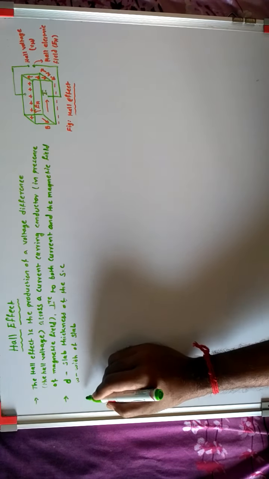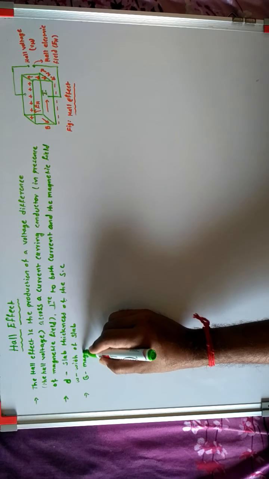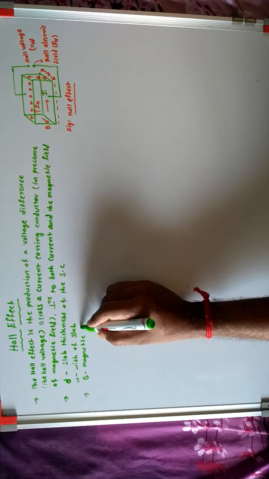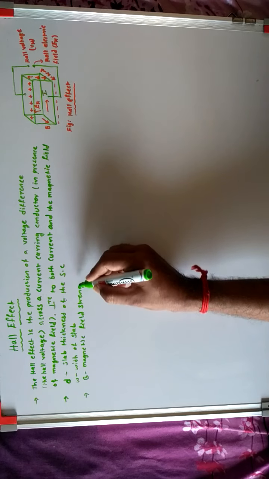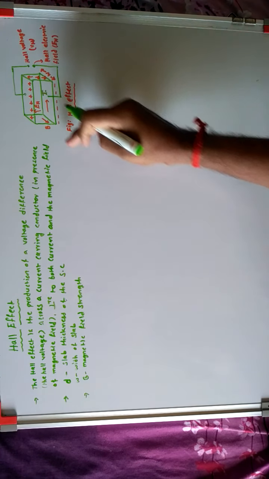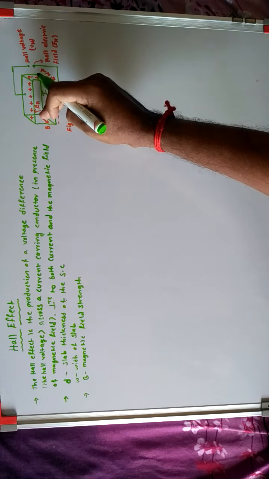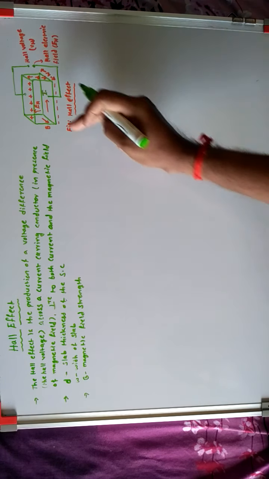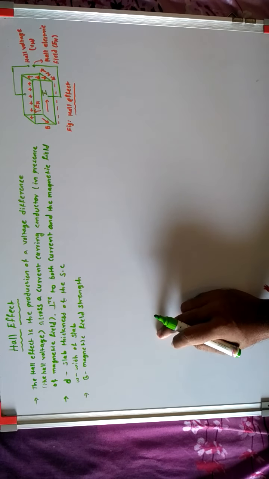It is subjected to a magnetic field strength B. B is the magnetic field strength along the y direction. Current is passing through the x direction, and the magnetic field is passing through the y direction.